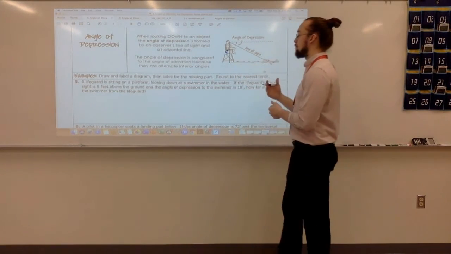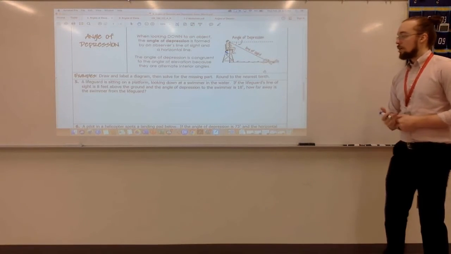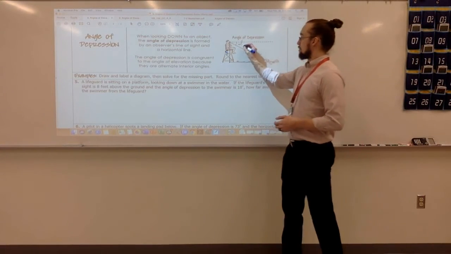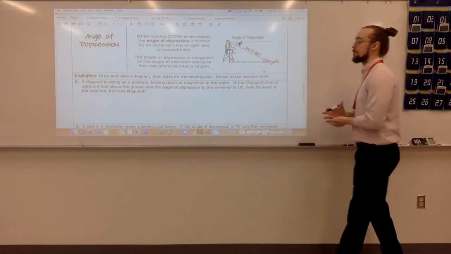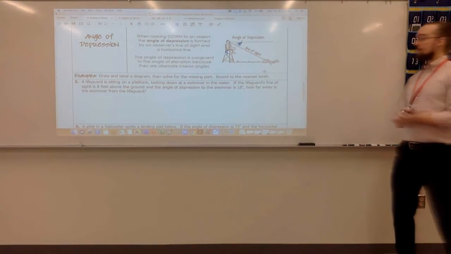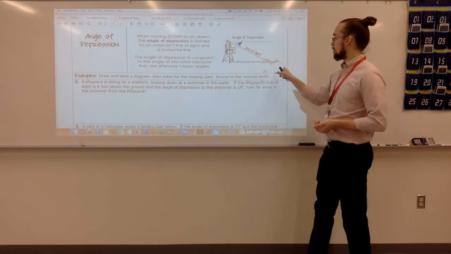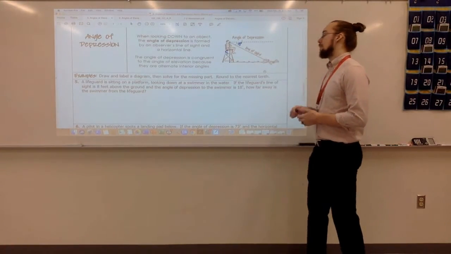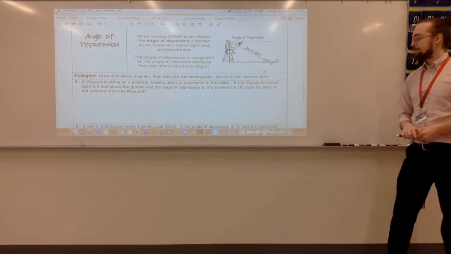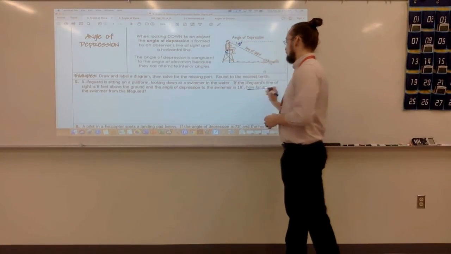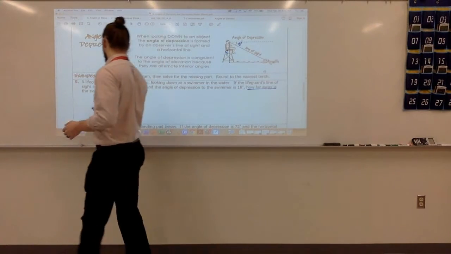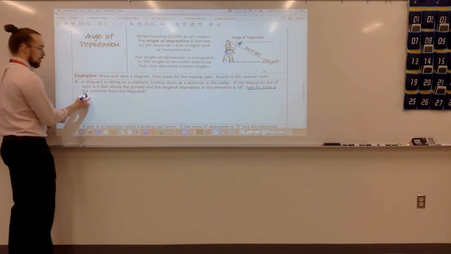His angle of depression is 18 degrees. So this angle right here is 18 degrees. Now, our goal is to find how far away the swimmer is from the lifeguard. So this question, when it's worded like this, can actually be a little bit ambiguous.